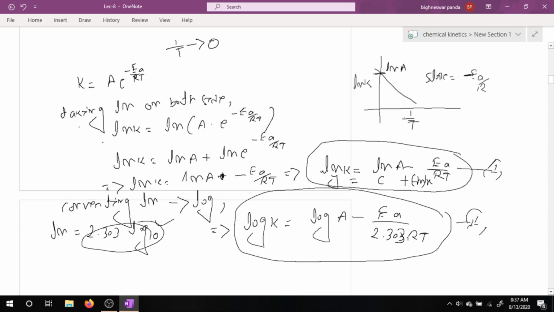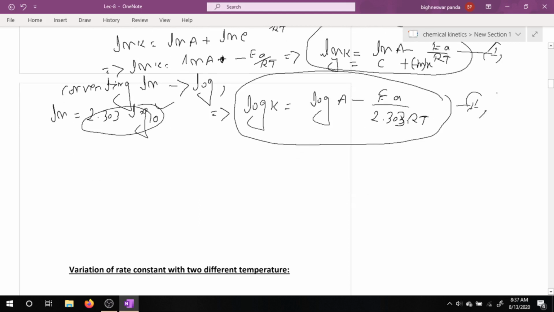Similarly, if the graph is asked between log k and 1/T, it is the same: y = c - mx.